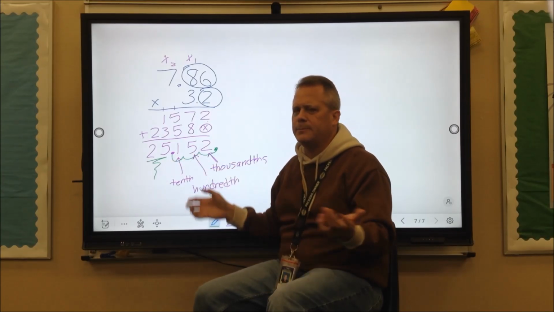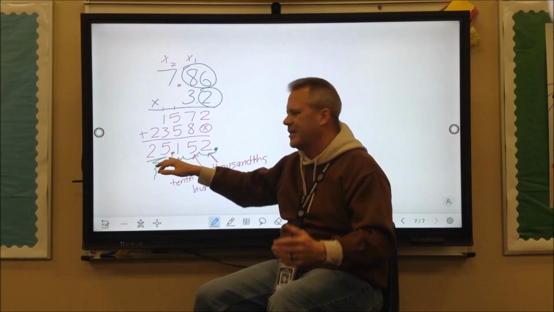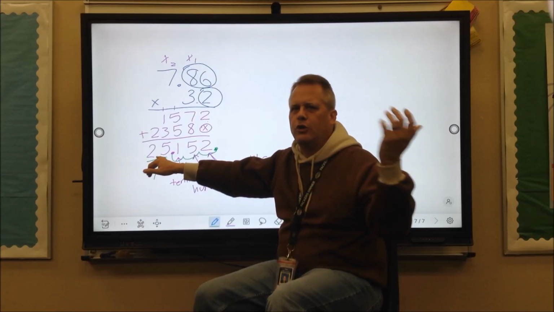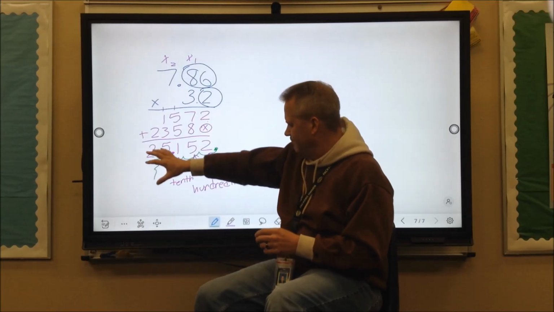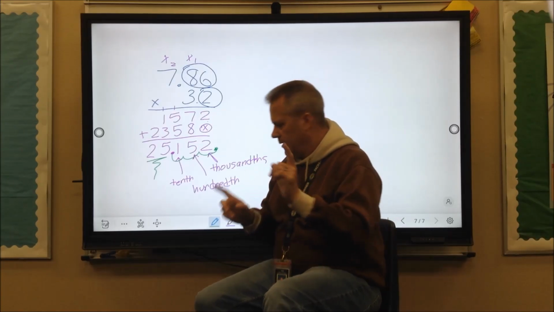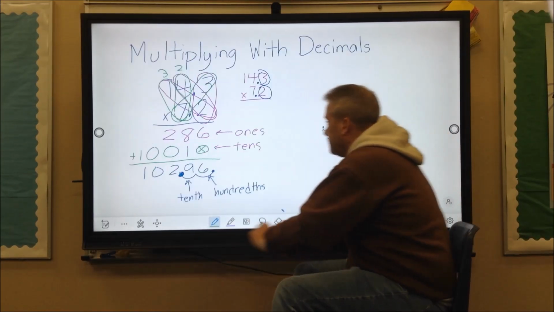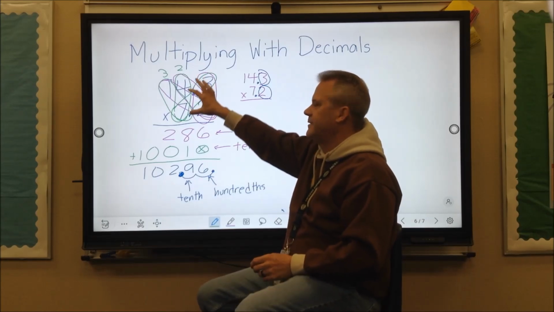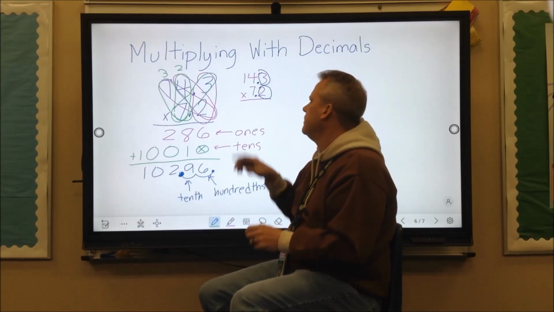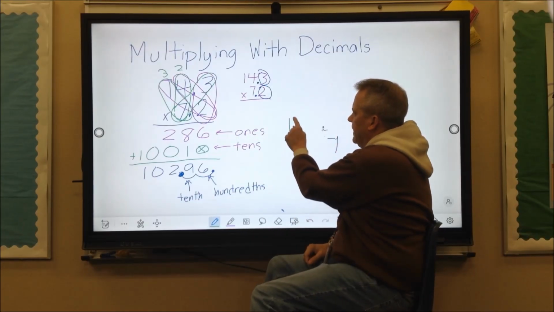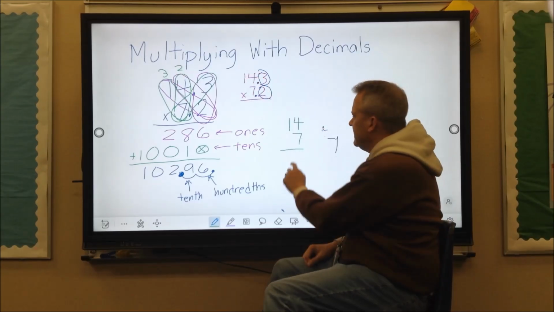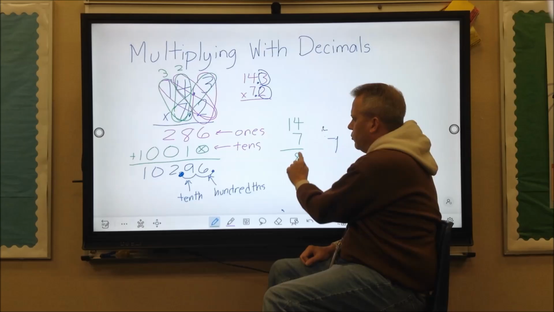If I had put the decimal in the wrong spot, I would have had like 251. Or I might have had 2 and all that after the decimal. So if I go back to the last problem, now of course that got really messy. But if I go back to 14 times 7, those are the numbers before the decimal. 4 times 7 is 28.